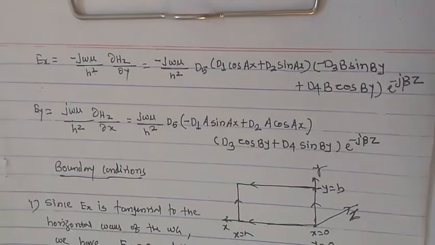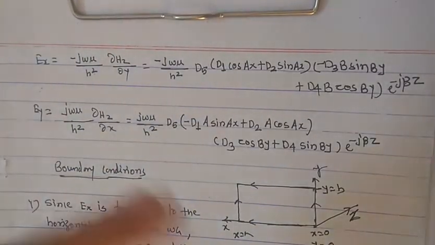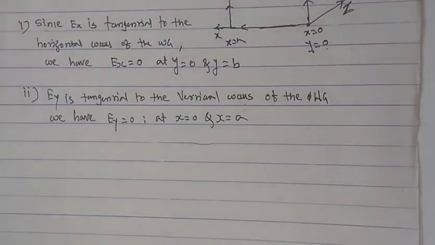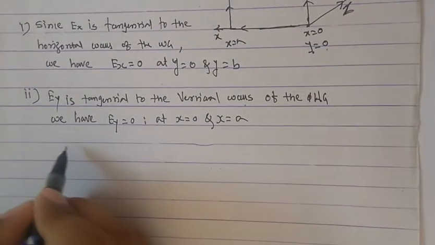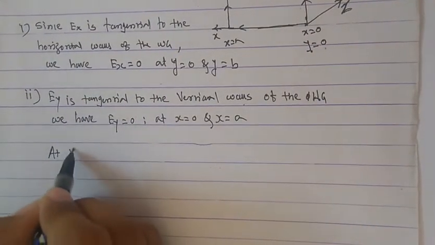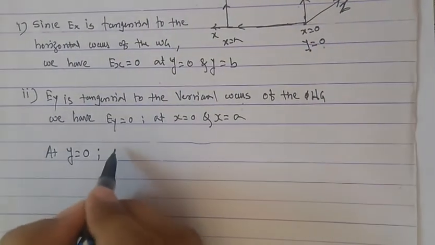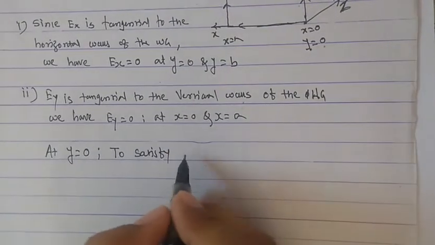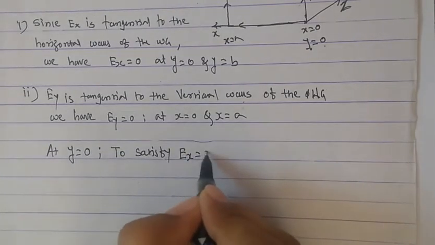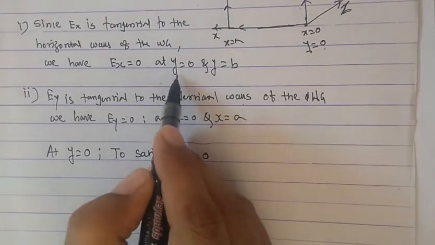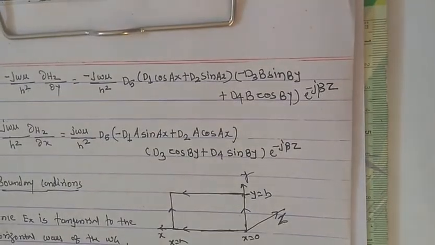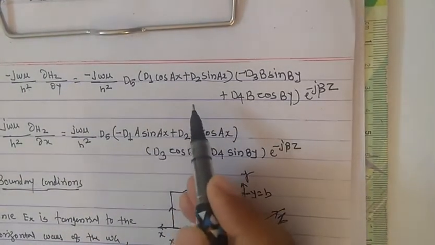Since this is electric field and which is tangential to the horizontal and vertical walls, we'll use E tangential equal to 0, the same boundary condition. The first boundary condition will be at y equal to 0 to satisfy Ex equal to 0.